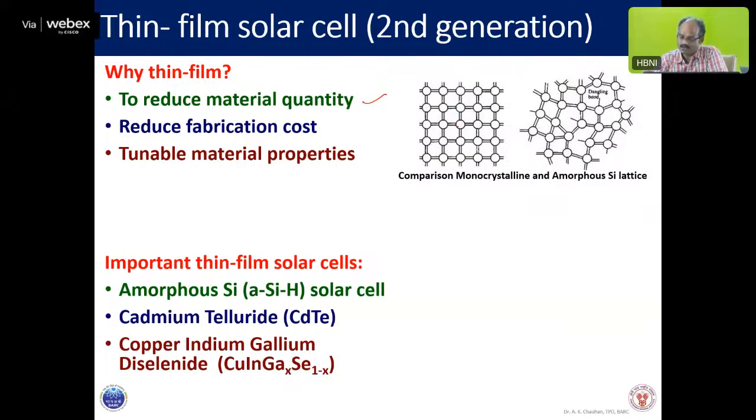So every atom sees a different surrounding. And there are some dangling bonds also. Suppose this silicon has three bonds with silicon, but one bond is unsaturated. Usually this is compensated by hydrogenation.